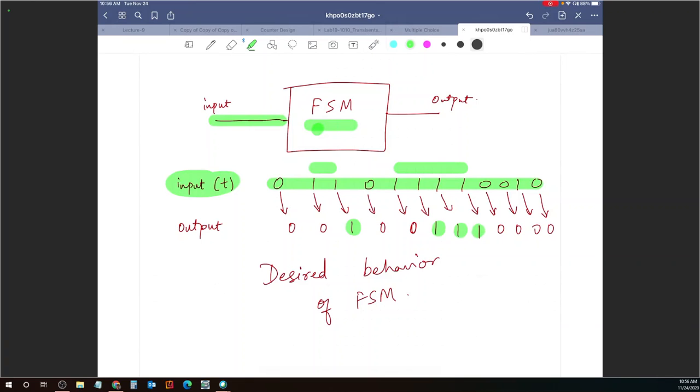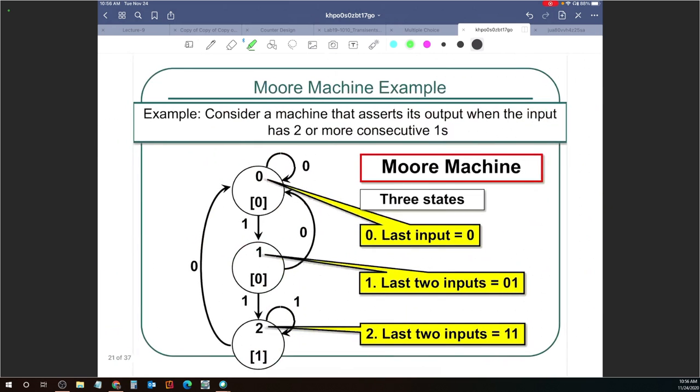That's the goal of this finite state machine. It is trying to recognize a string of 2 or more ones. And with a Moore machine, we can accomplish that with 3 states.